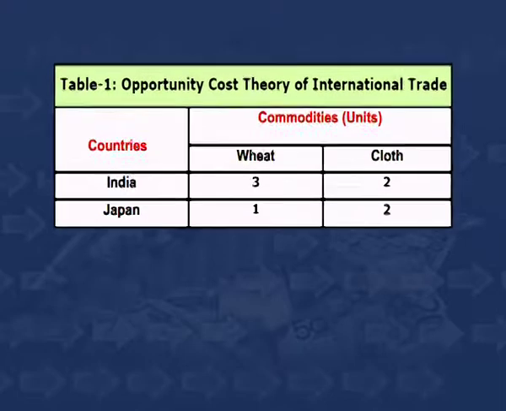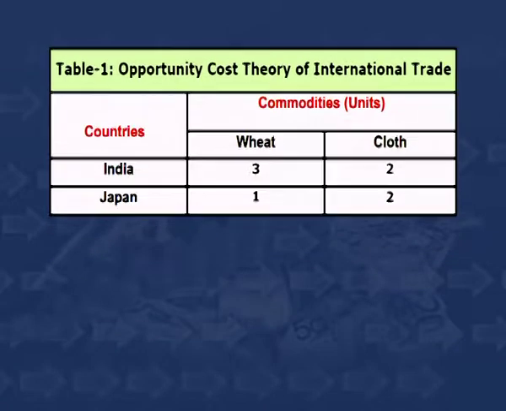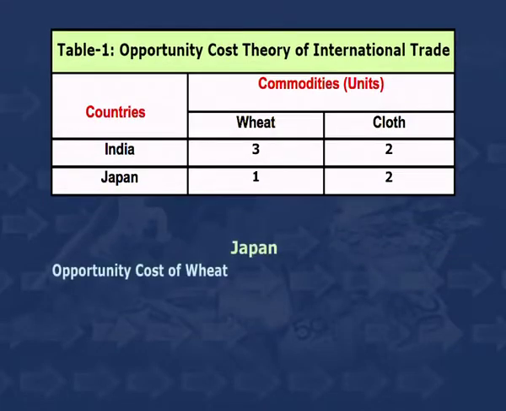Now, let us take the example of Japan. Japan can produce 1 unit of wheat or 2 units of cloth with available resources. The opportunity cost of wheat is 1 unit of wheat equal to 2 units of cloth. It means that the opportunity cost of wheat is twice that of a unit of cloth in Japan.